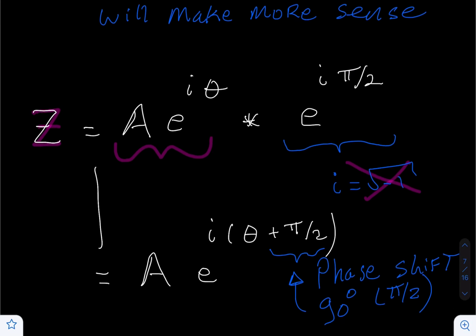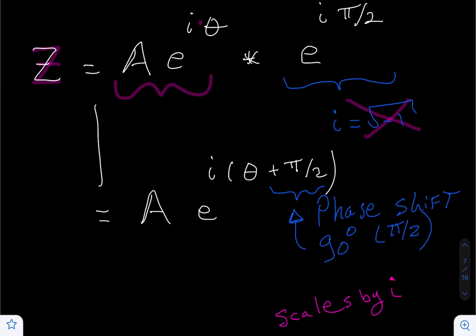What you end up doing is you add this plus this, you put things together with a very simple exponential rule, and you end up taking the original function and phase shifting it by 90 degrees. So scaling or multiplying by i is just a 90-degree shift, right?